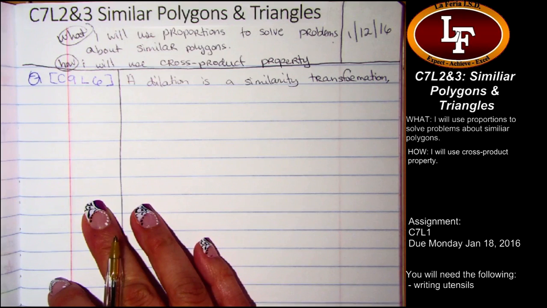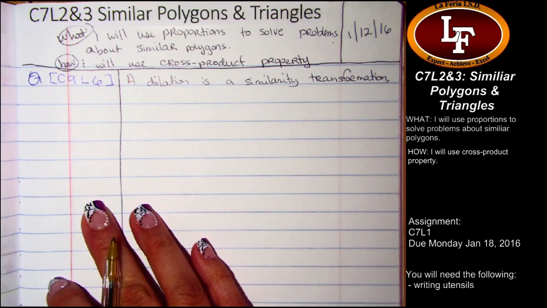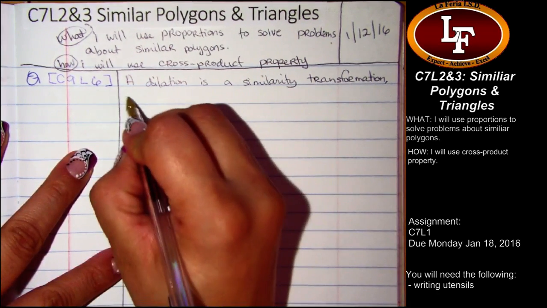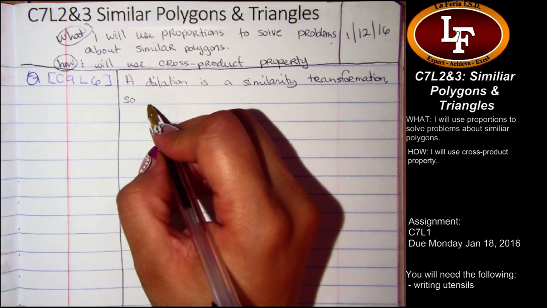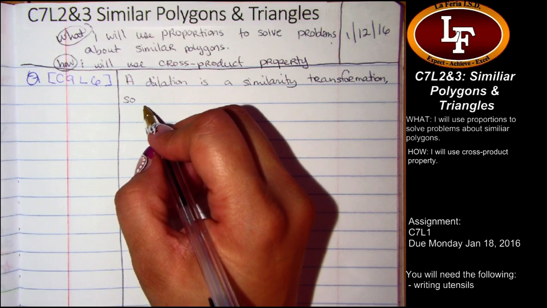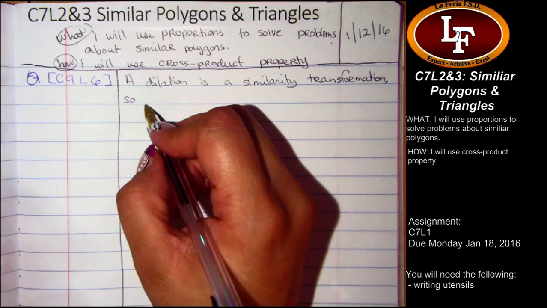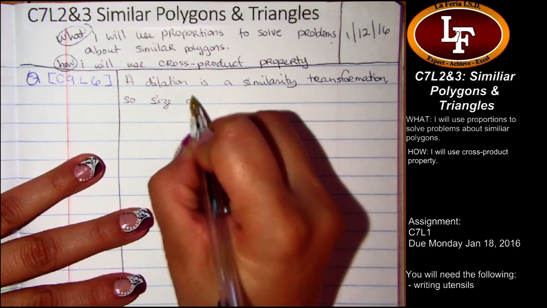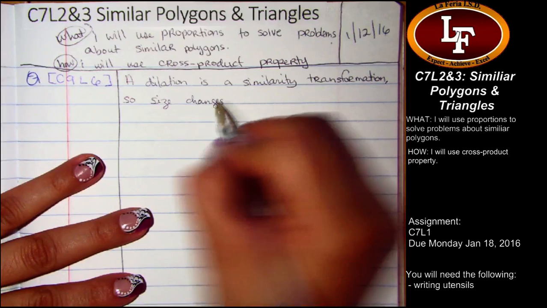Where the other transformations, the translation, the reflection, the rotation, they preserved all sorts of congruence. The similarity transformation only preserved proportion, which meant that all the sizes were different. And so size changes for proportional.